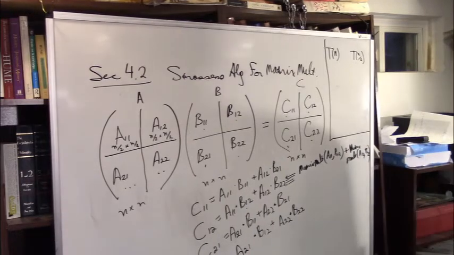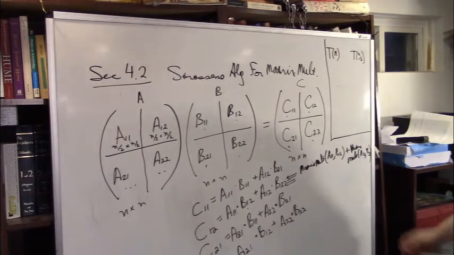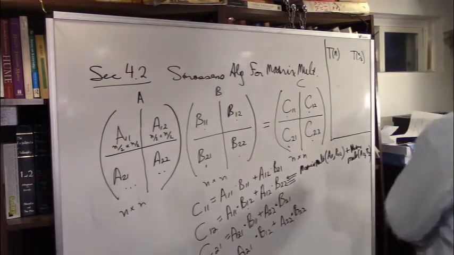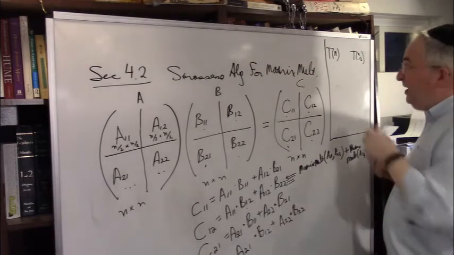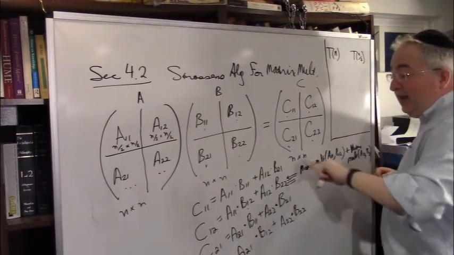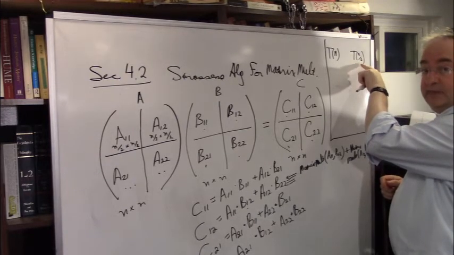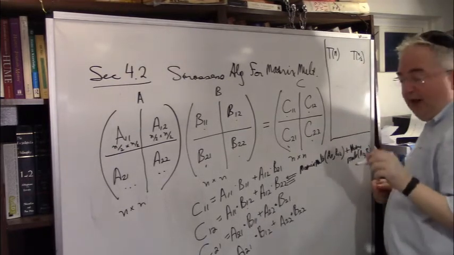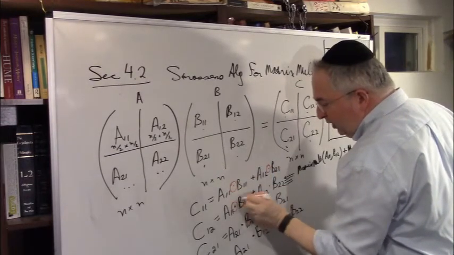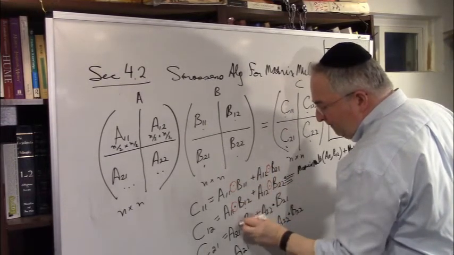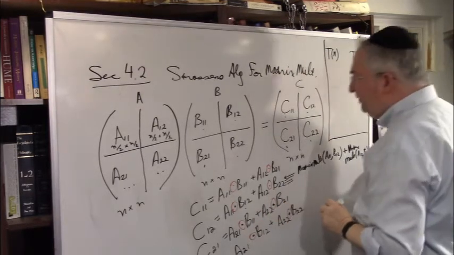Now, let's count how many multiplications you're going to have to do. This is important. How many little multiplications am I going to have to do? I have to multiply half matrices by half matrices, but how many? 1, 2, 3, 4, 5, 6, 7, 8.